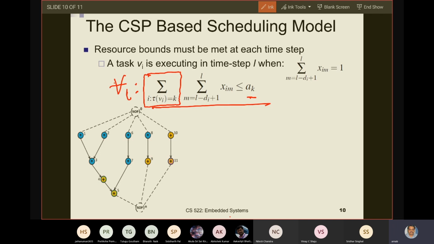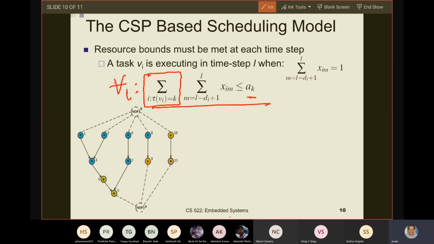The left summation gives you the summation over all tasks which are to be executed on processors of type K. Tau vi is a function whose output gives me the type of processor on which vi has to be executed. Because I have done hardware software partitioning, I know this from my input.